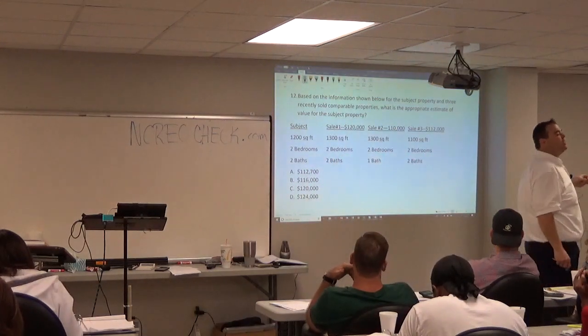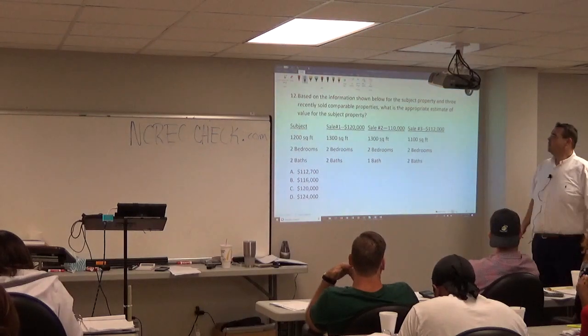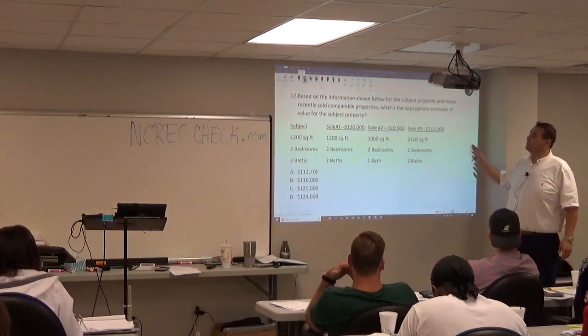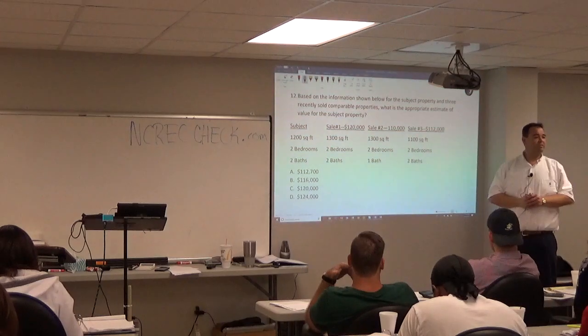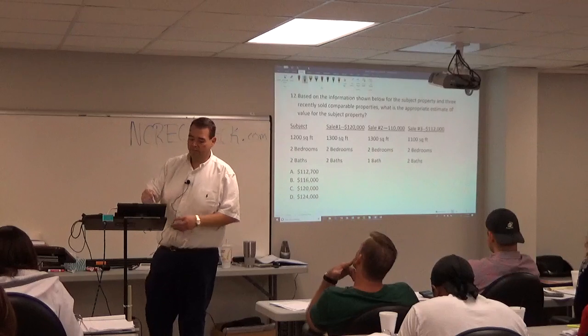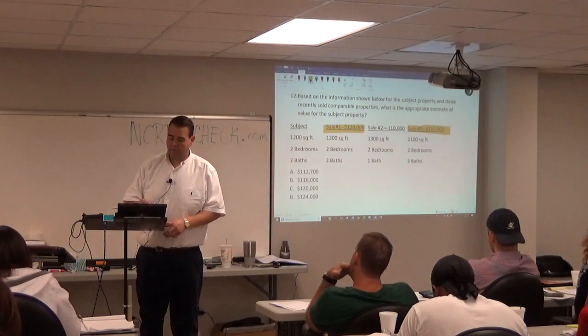But they actually did. Because if you look at the comps, can you isolate two comps that are exactly the same except for square footage? Look at comp number 1 and comp number 3.